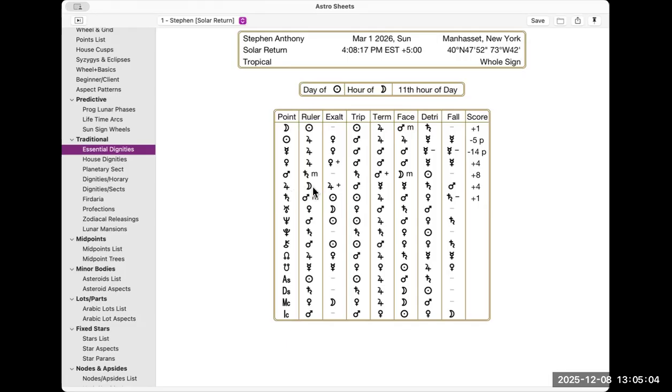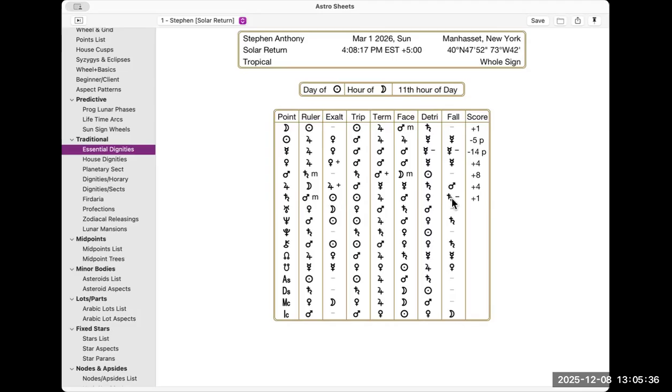Jupiter in Cancer. Jupiter is exalted in Cancer. So my helmsman is the only one that has some dignity here. And then we have Saturn, which is in Aries, and Mars in Aquarius, with their mutual reception.